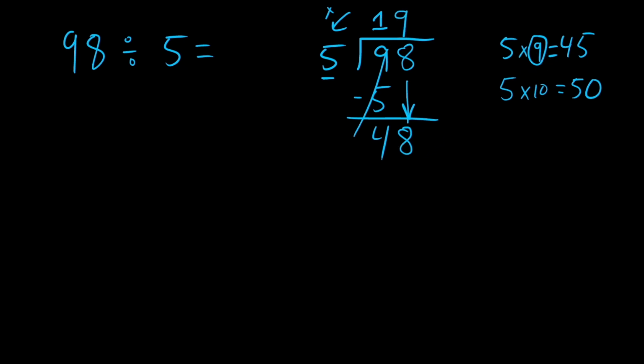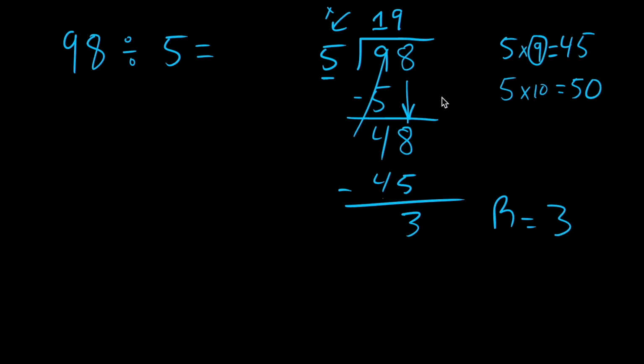So I'll write the 9 up here. And then 9 times 5 is 45. And so we subtract. 8 take away 5 leaves us with 3. How many times can 5 fit into 3? You can't, so your remainder will be 3.